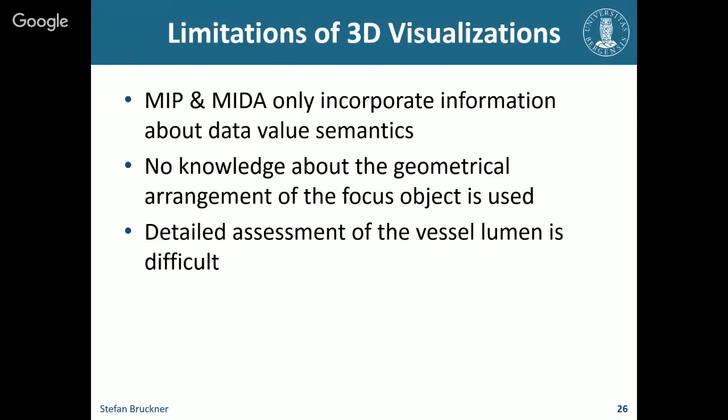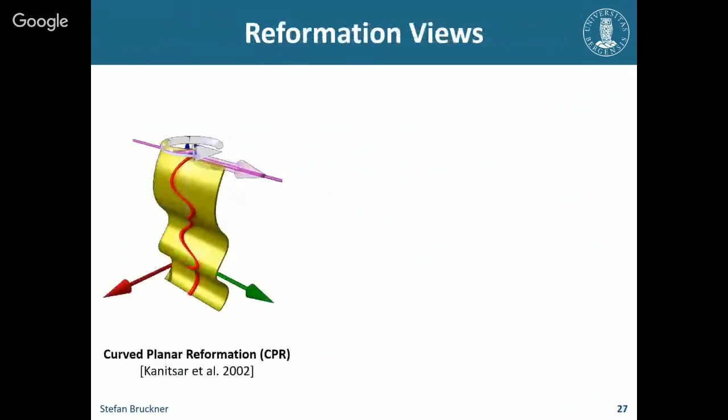So we gain some benefit, but still we only incorporated limited information. We do not really consider the geometric arrangement of our focus object, the blood vessel. So the detailed assessment of the vessel lumen, the amount of blood that can flow through the vessel, is still difficult. So what else can we do?